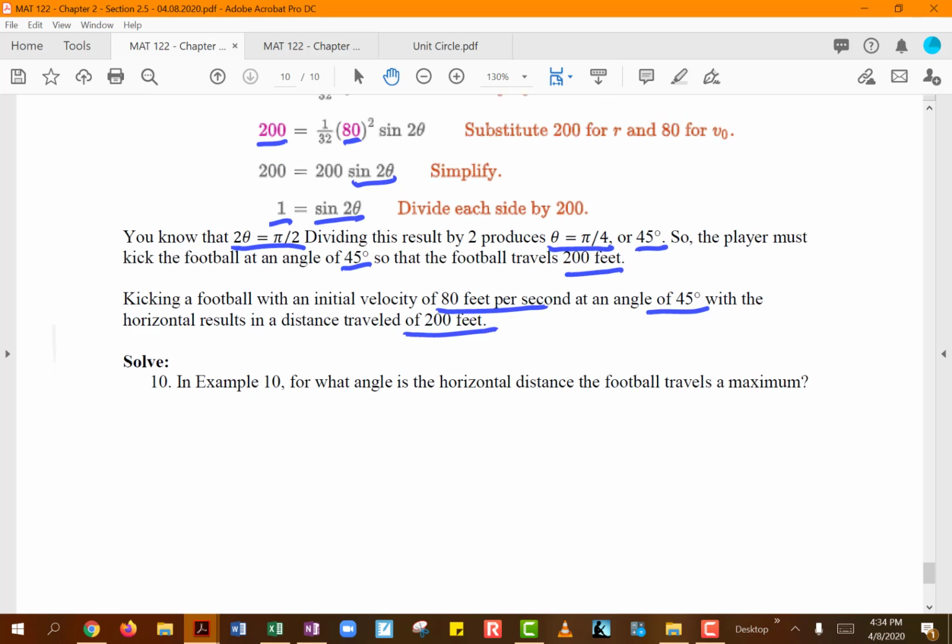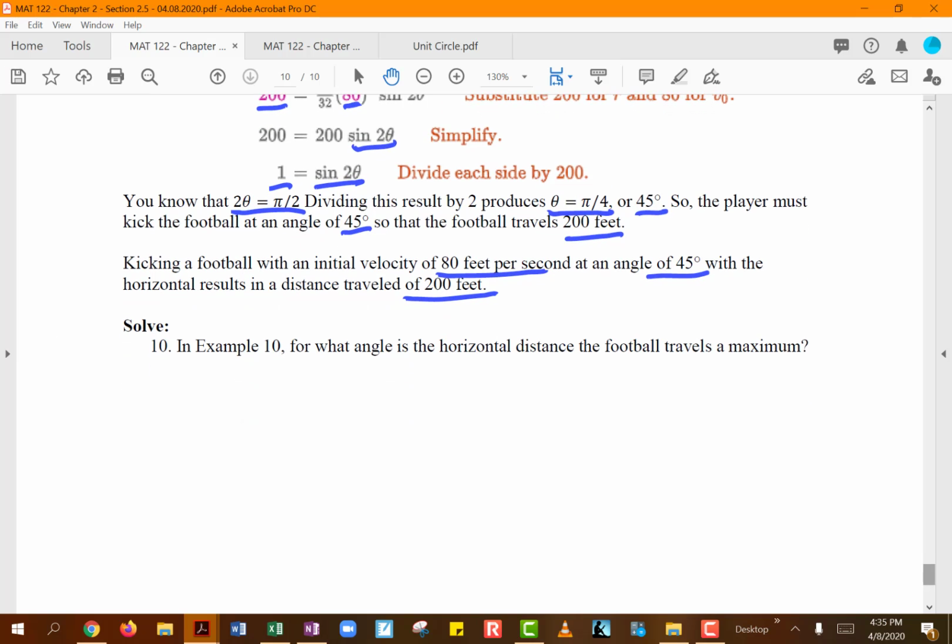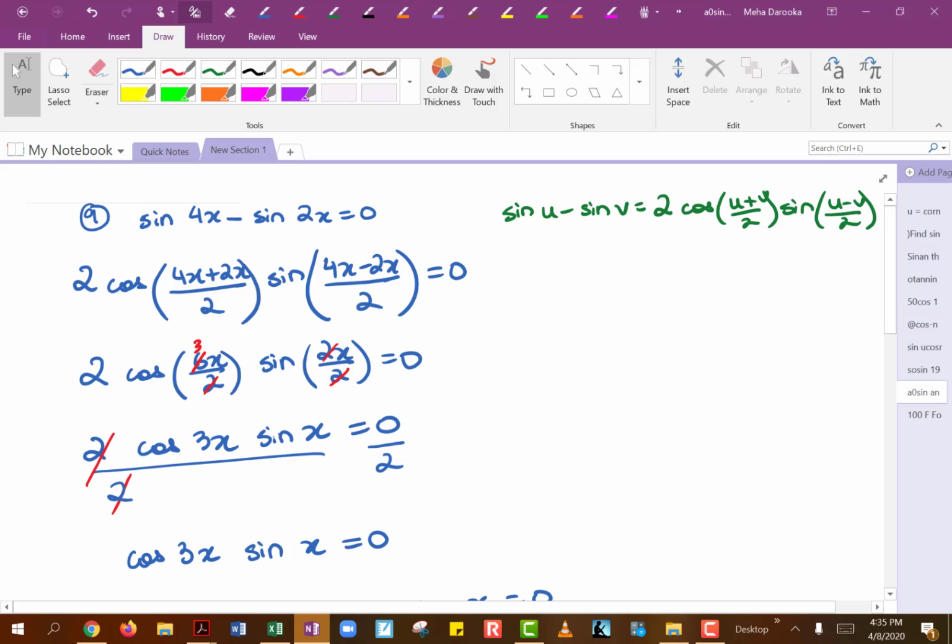So we're using that same example for our problem over here, but this time they want to know for what angle is the horizontal distance the football travels maximum. So basically, what angle should the ball be kicked at so that you get the maximum distance traveled by the football. So let's go ahead and take a look at this example over here.